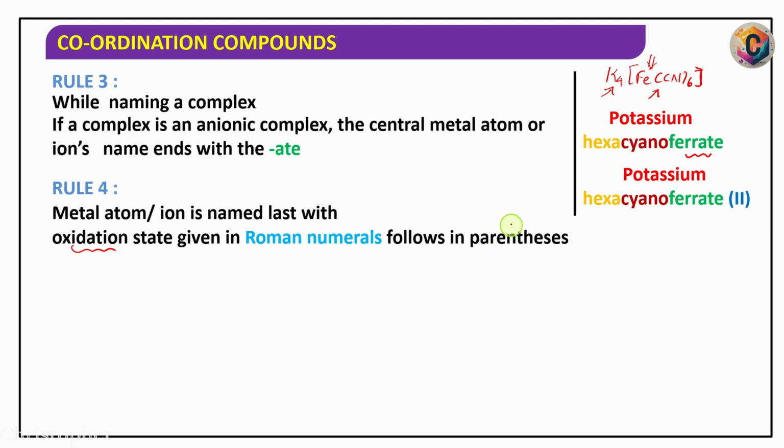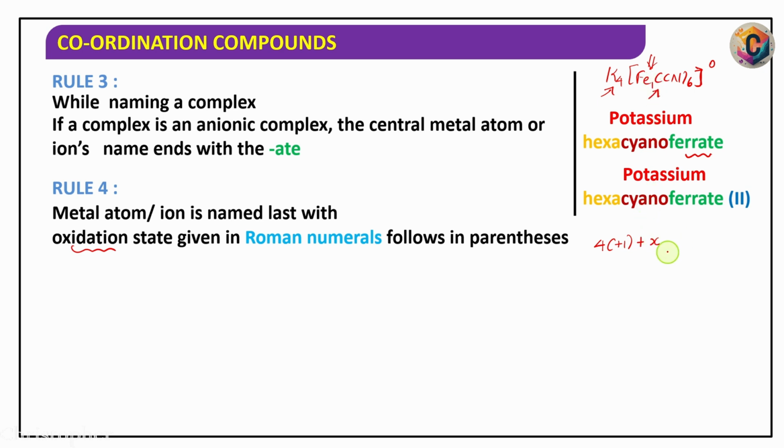How can we find it? Here it is a complex, and the overall charge on this compound is 0. So I'm going to find the oxidation state of the metal. The rule I'm going to follow: the sum of all the charges should be equal to the overall charge. So I have 4 K, each K having plus 1 charge, plus I have only one Fe.